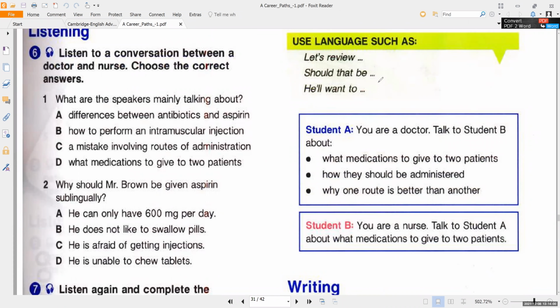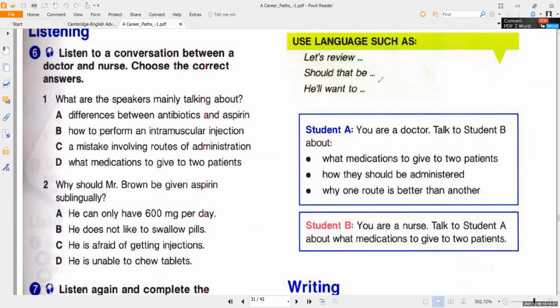Question number 1, what are the speakers mainly talking about? Differences between antibiotics and aspirin, how to perform an intramuscular injection, a mistake involving routes of administration, or what medications to give to 2 patients. So this is question number 1.